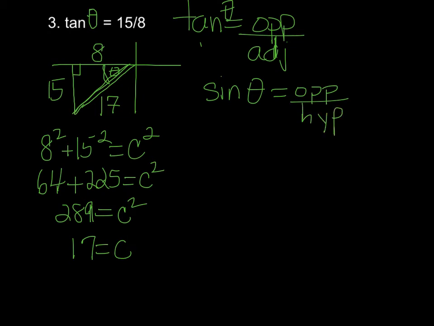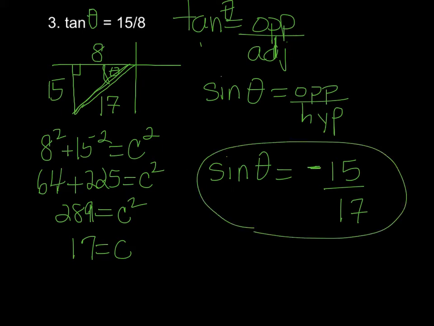So if I look at my triangle and I look at the opposite, then sine theta is going to be the opposite, which will be 15, over the hypotenuse, which will be 17. Now we do need to take into account that we are in the third quadrant, and sine is negative in the third quadrant, so we want to make sure that we negate that fraction. And that would be our answer there, which is choice number 4.